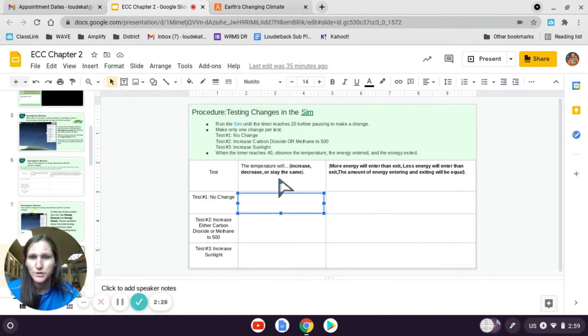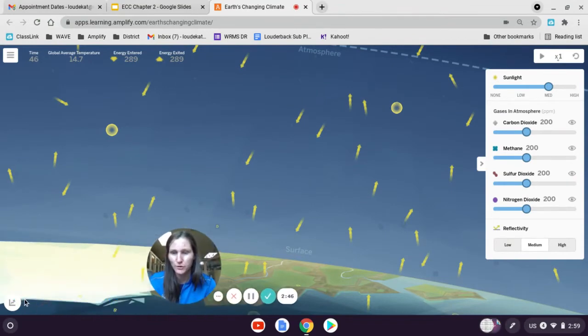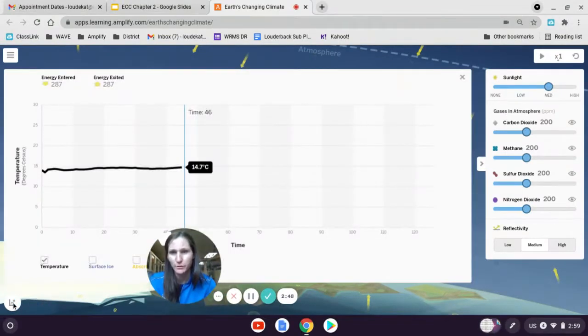As far as temperature, did it increase or decrease? When I go to the sim, I can try to keep track of my temperature from beginning to end on 40. However, I know you're middle school students and you'll probably get a little chatty with your partner. So I want to remind you that at the bottom corner of the screen is the graph feature with temperature. You look at the trend line, and the trend here is pretty stable.